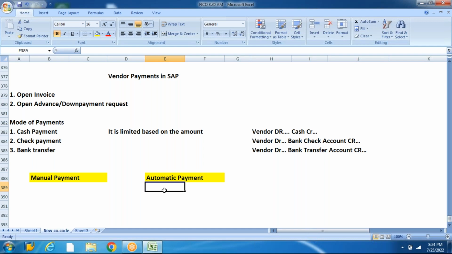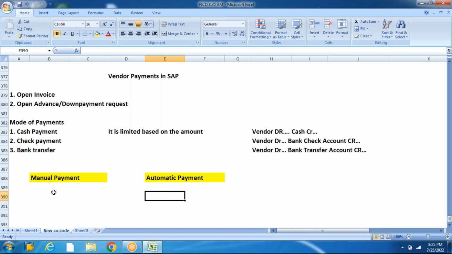Posting of this accounting entry is either manual or automatic. If your accounting entries are posted manually for payment, you call it manual payment. If they are posted automatically, that is your automatic payment. This is your first level of understanding: what is manual payment, what is automatic payment.